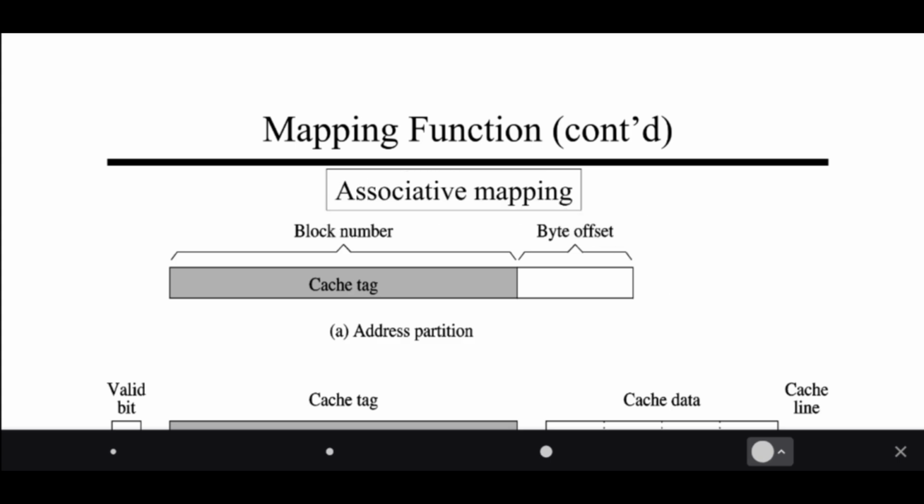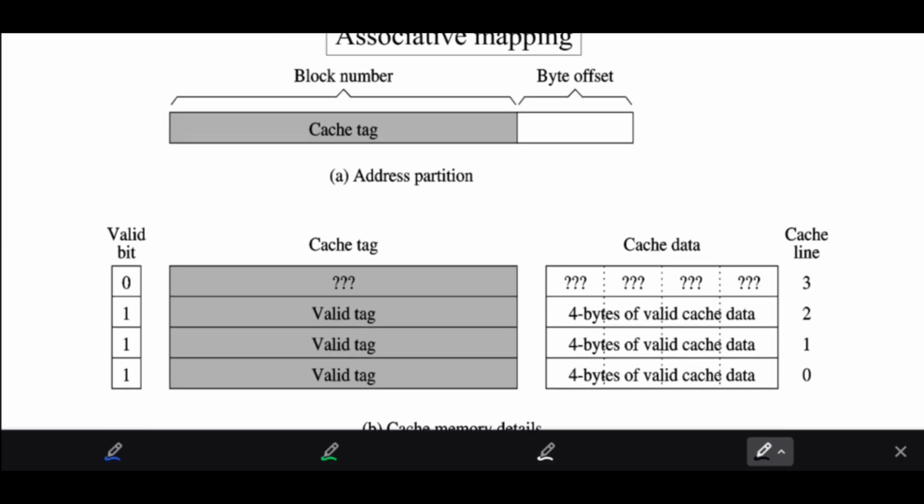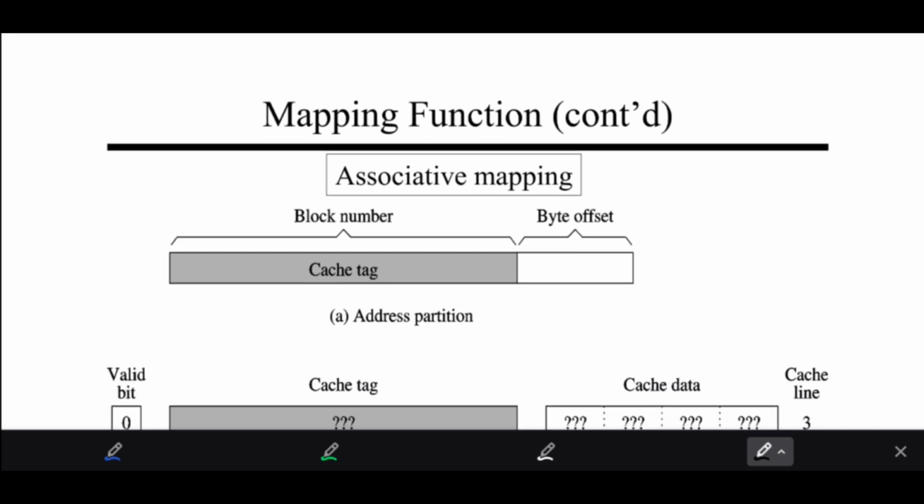What is it saying in associative mapping? If there are empty blocks inside the cache, then a memory block is randomly mapped to any of the blocks inside the cache. If it is full, then the cache replacement policy will work. So there is no particular specific cache block or cache line for a specific address data.